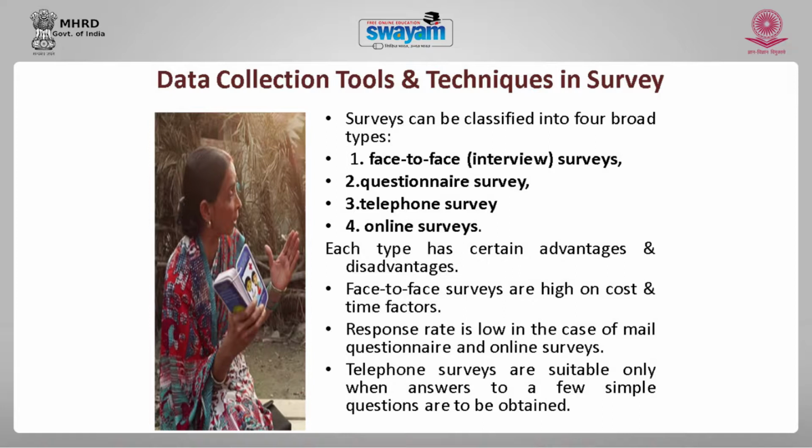The broad areas that we have is face-to-face surveys, questionnaires, telephone survey, online surveys, and each type has certain advantages and disadvantages, because we have seen that face-to-face surveys are very high on cost and there's a time factor also. The best is of course conducting an online survey, because telephone surveys are almost, because the number of telephones in India is going down and number of mobile phones is going up. So, the best bet is to really conduct online surveys.